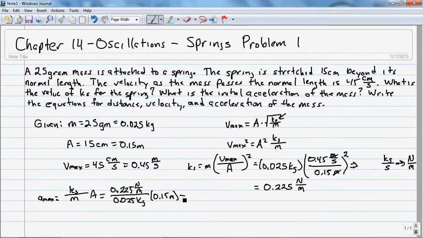And this is just going to give me meters per second squared, and we calculate this as 1.35 meters per second squared.